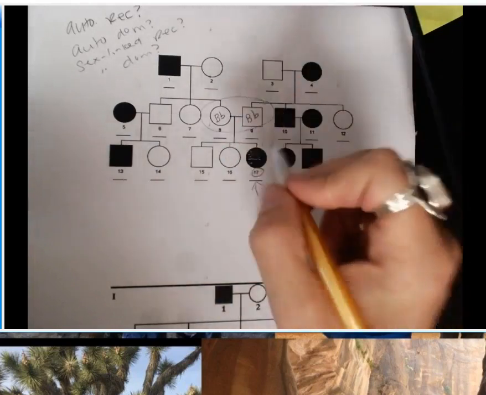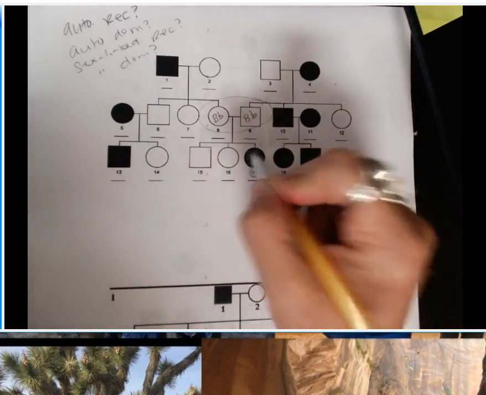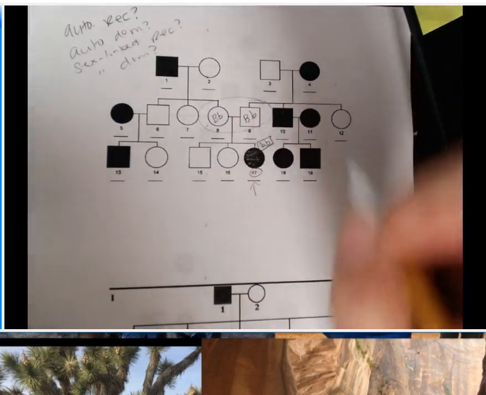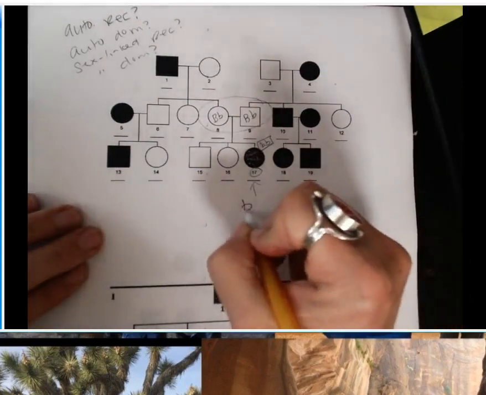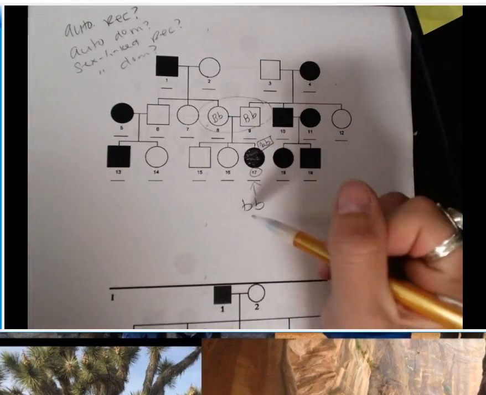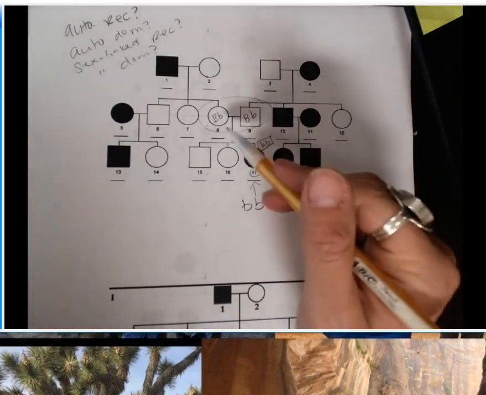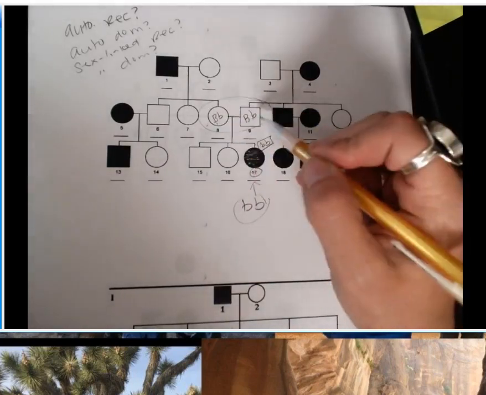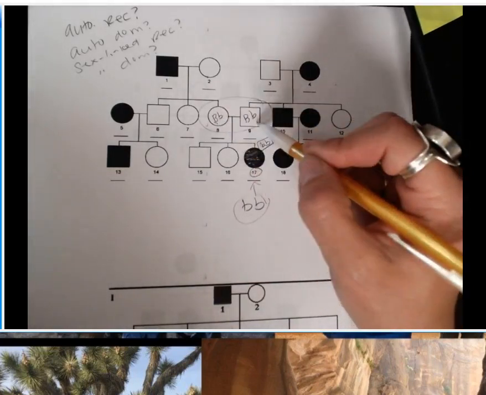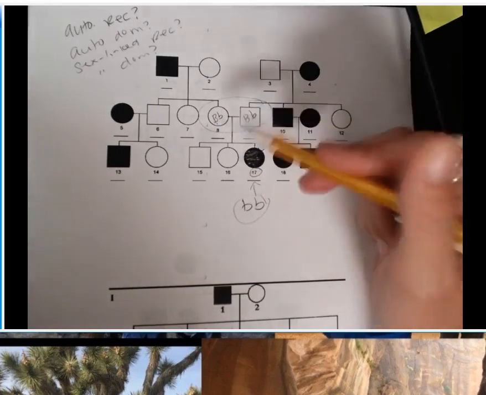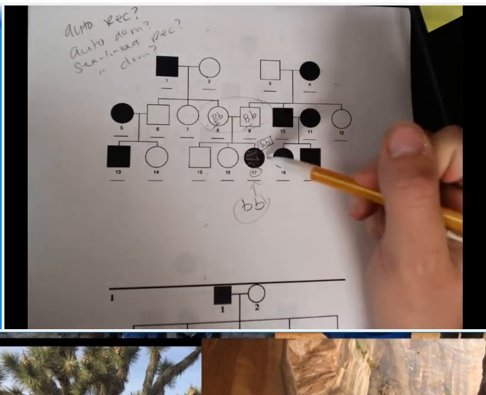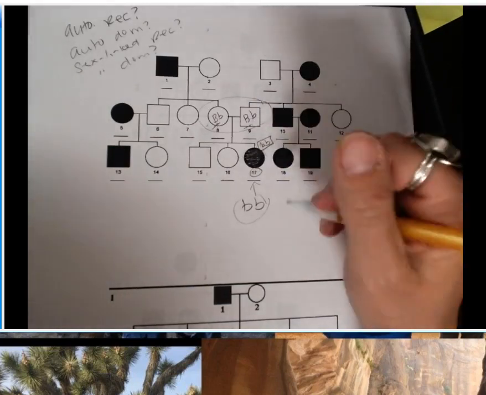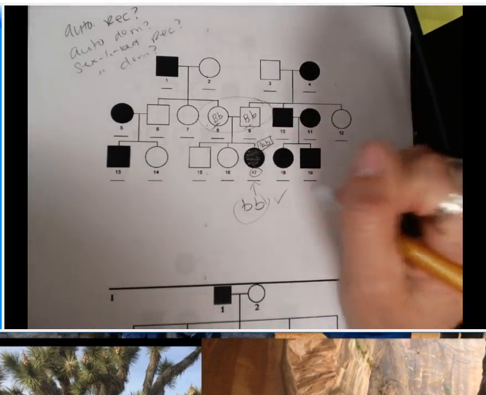If the trait is recessive, the individual would have to be homozygous recessive to have this trait. Could two parents who do not have the trait produce this combination? Yes, if both parents were heterozygotes, they would not have the recessive phenotype. They would have the dominant phenotype, but they could make a child with the recessive phenotype. So now I'm thinking autosomal recessive is likely.